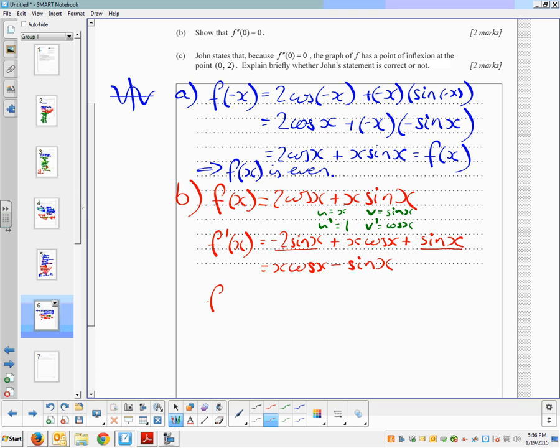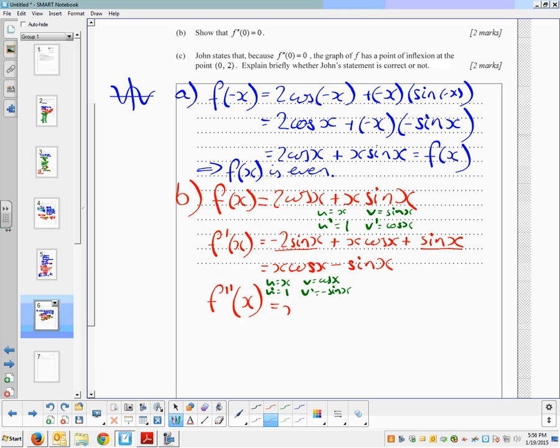And then we differentiate again because the question's about the second derivative. Same thing again here: u is x, v is cos x, u dashed is 1, v dashed is minus sine x.